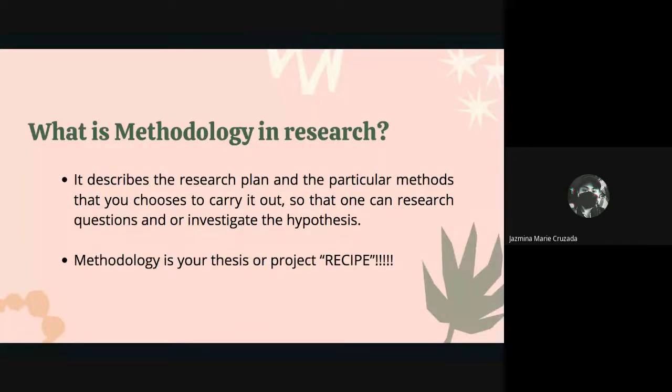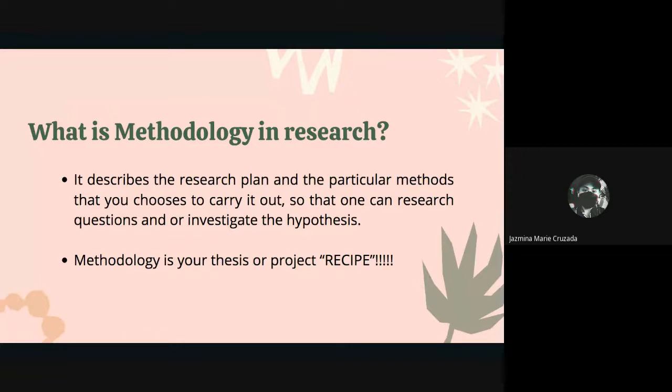The first component is the list of ingredients. In a research proposal, the list of ingredients can be the counterpart of research design, sampling technique, research instrument, source of data, and statistical treatment of data. I guess that's it for the first component.